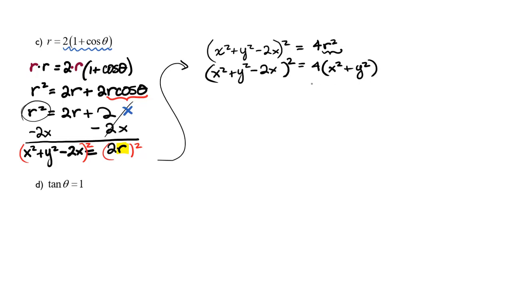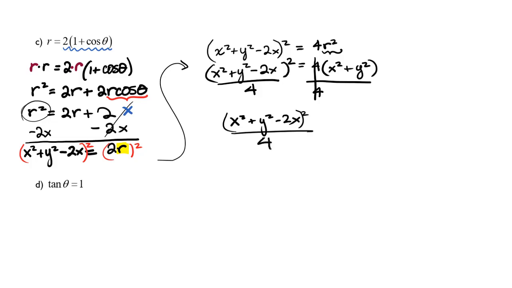And this doesn't really get much nicer. We could leave it like this. We could divide both sides of this by 4, but it's pretty ugly. So we'll just leave it like this. X squared plus y squared minus 2x quantity squared all divided by 4 is equal to x squared plus y squared.